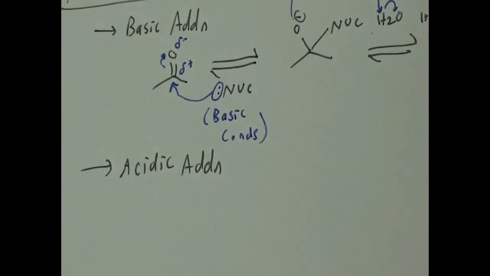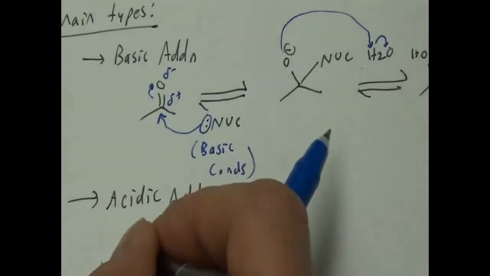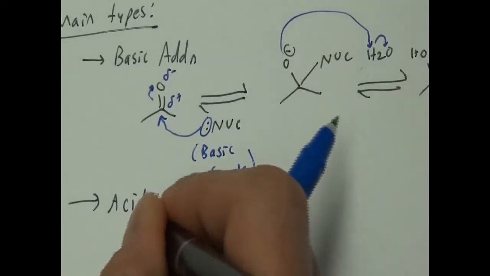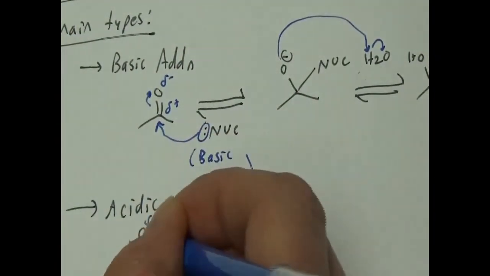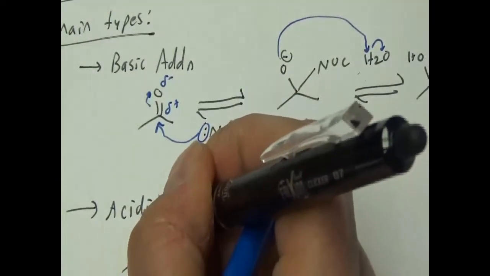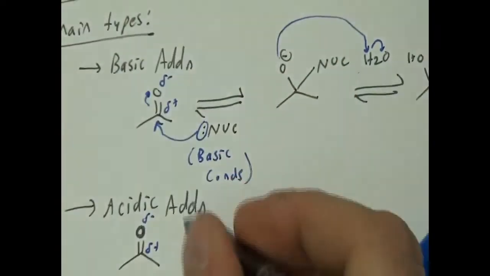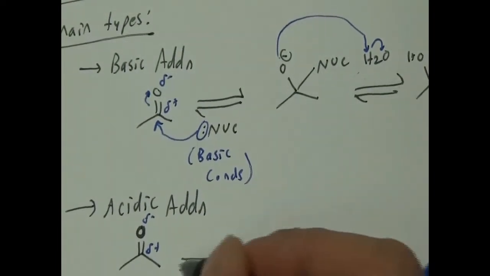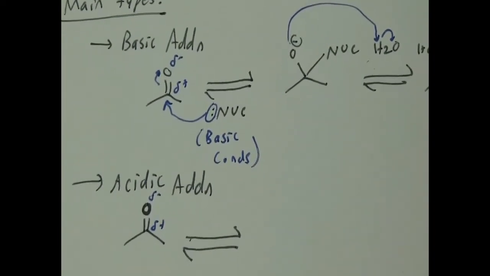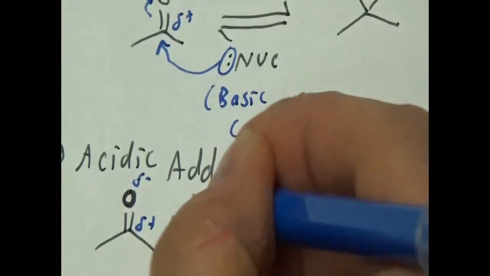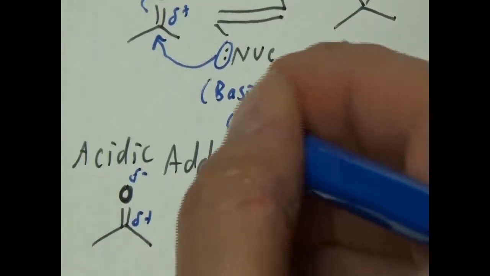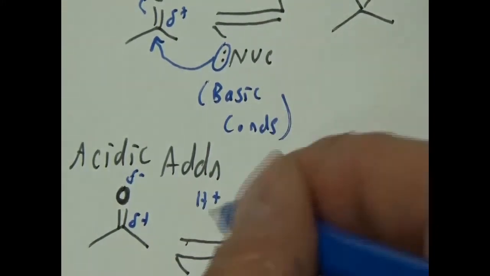Acidic addition, and the mechanism is going to be a little different. So if I have a ketone, there's also delta minus, delta plus, right? For an acidic style addition, the idea is that we'll have H plus that's acidic, right?